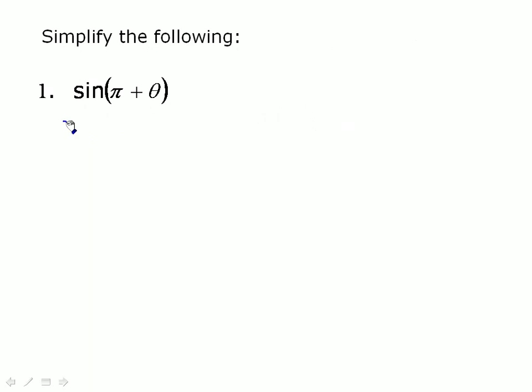Now this is of the form sine a plus b. And if you take a look at your formula sheet, you'll know that this is equal to sine a cos b plus cos a sine b.